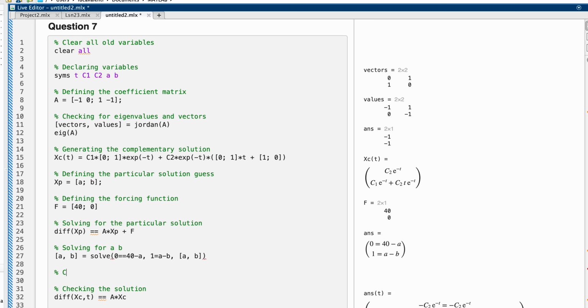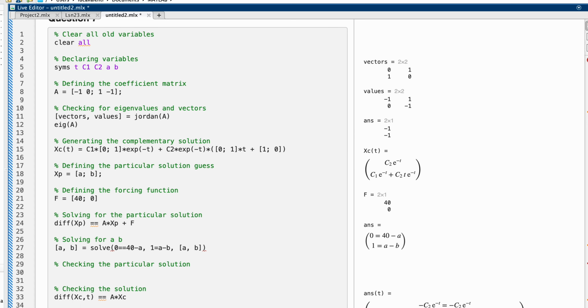So checking the particular solution, first renaming the particular solution. Renaming the particular solution, xp is going to be equal to the vector a b, and then from this we're going to check the particular solution.